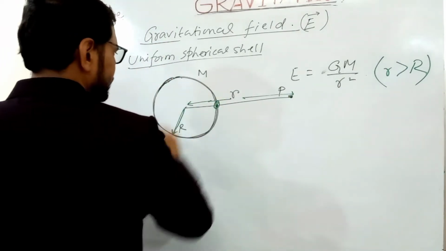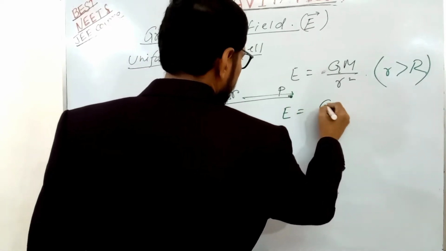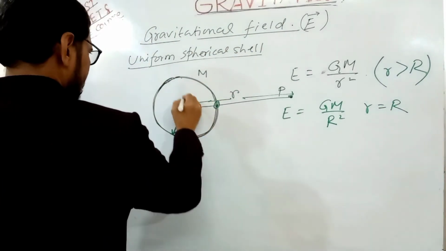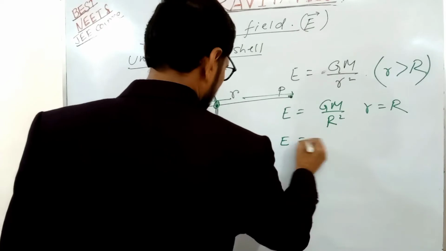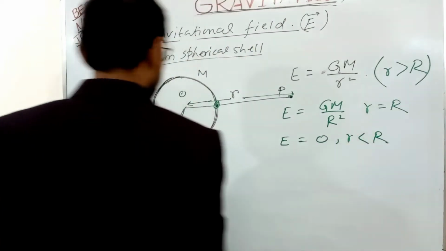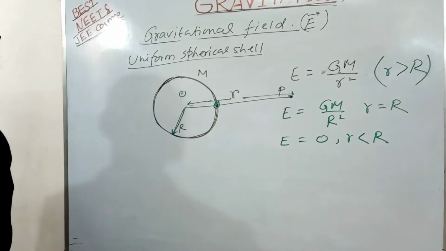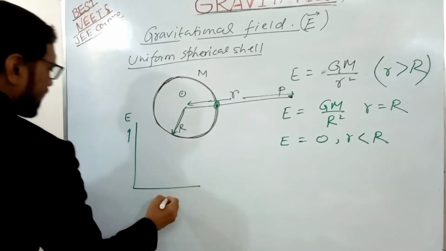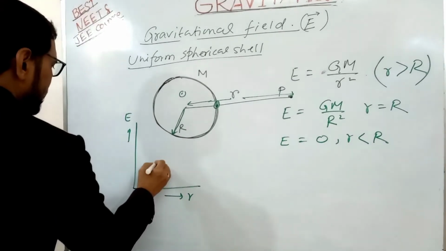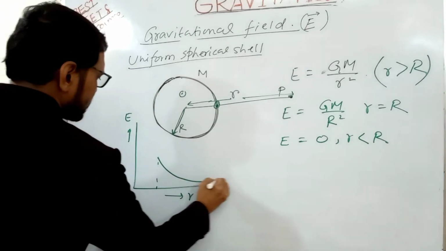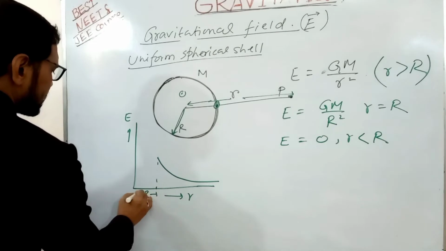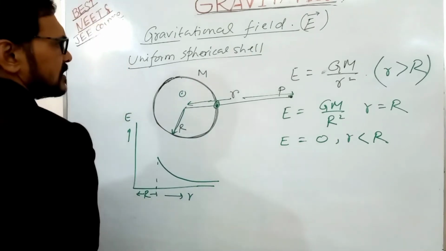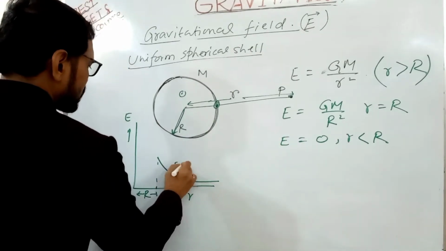If the point is on the sphere, then E equals GM by R square when r equals R, and when the point is inside, then E equals 0 when r is less than R. So this is the gravitational field due to a spherical shell. The graph of E versus r will be this way, because up to R the gravitational field is 0, and outside the shell the graph will be like this. E is proportional to 1 by r square.